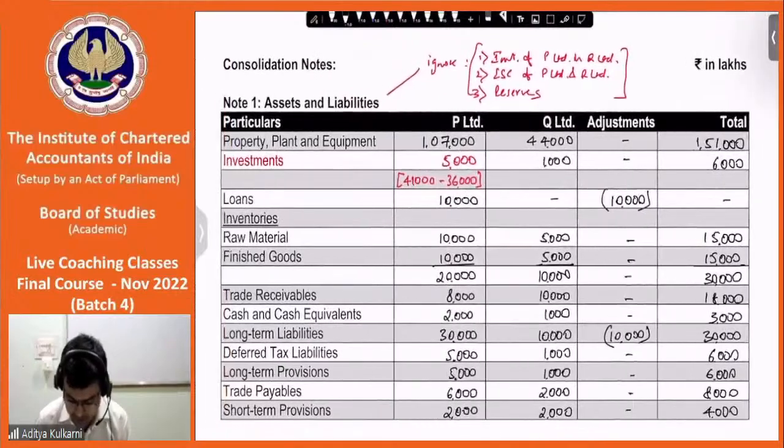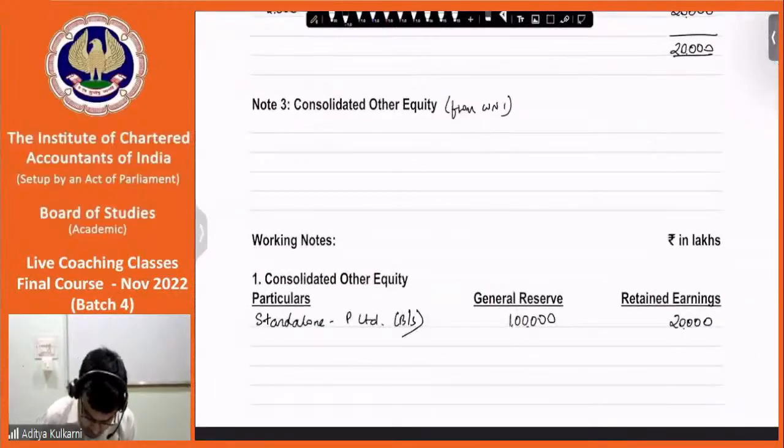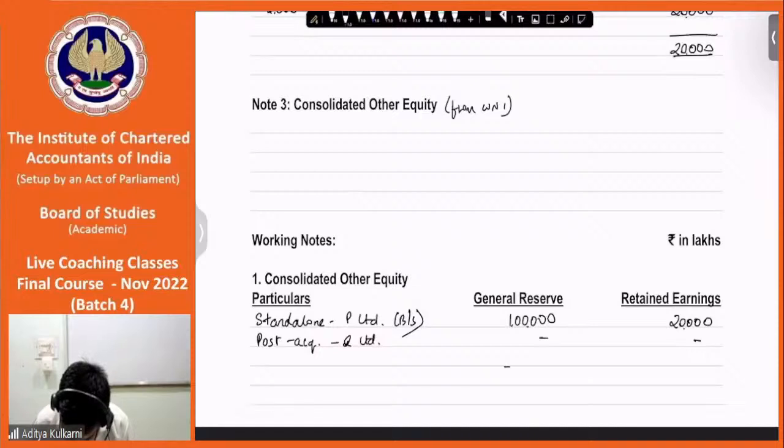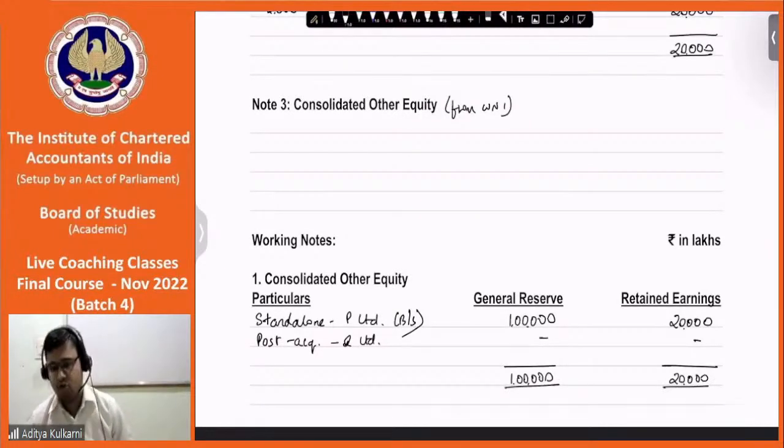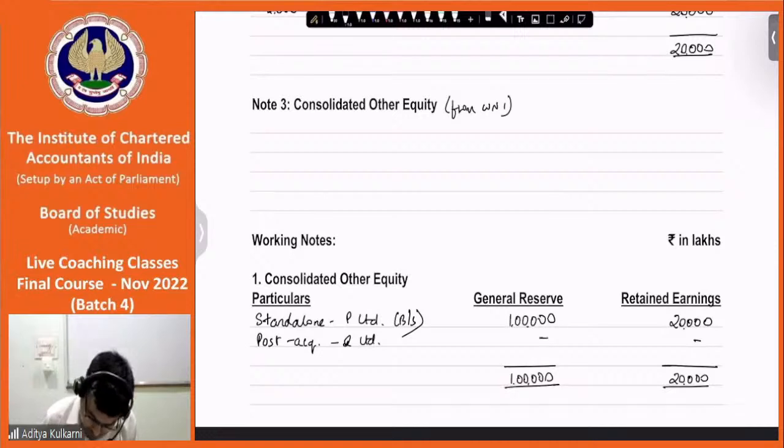Note 1 is done. Note number 2, post acquisition Q Limited. Is there anything? No, nothing is there. I am preparing balance sheet on the date of acquisition. So there are no post acquisition profits.